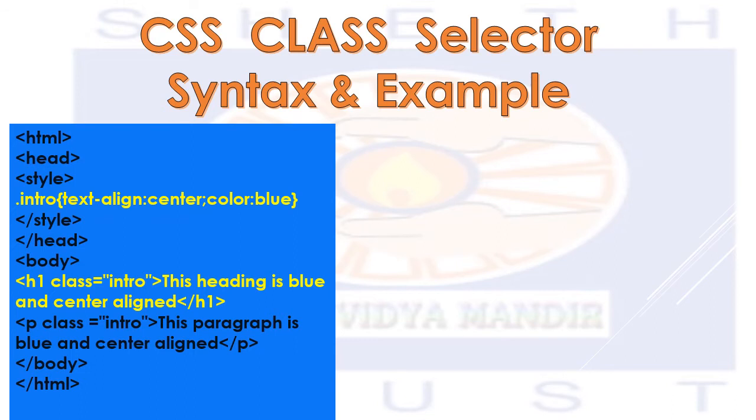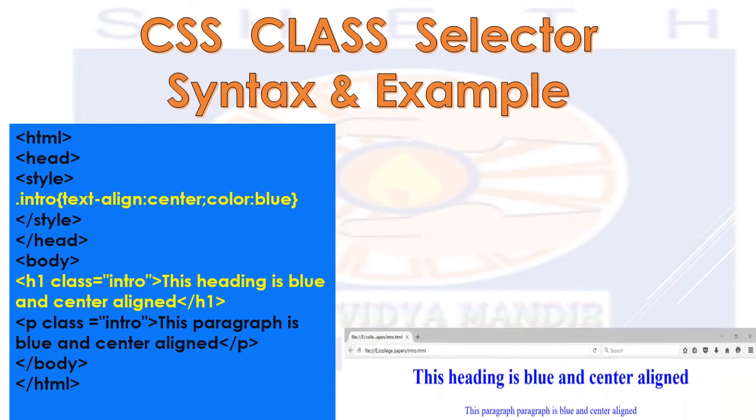This paragraph is blue and center aligned. Correct? So that means what? Both of them have the class intro, which means both the sentences will be changed. Here this will be the heading tag H1, the highest heading tag. That is why it will also come in the center line and blue color, and also the paragraph tag which is given, that is in blue.